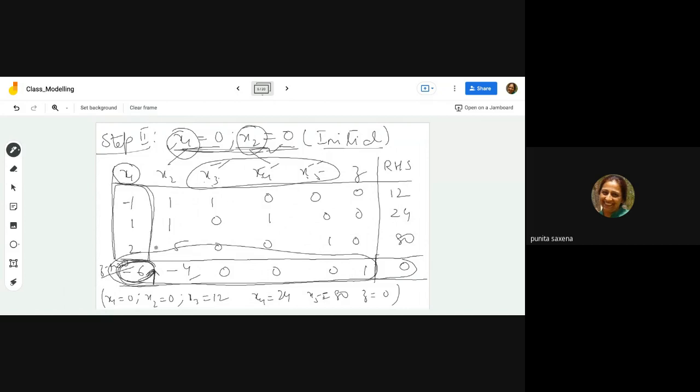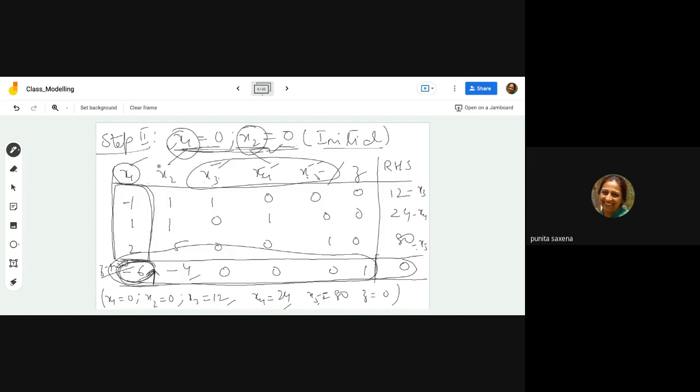Now, as I mentioned, this corresponds to x3, this corresponds to x4, and this corresponds to x5. So the last row is deciding which variable will become non-zero, and the last column will decide which variable will become 0 out of x3, x4, x5. We had just these 5 variables, out of which 2 can be 0.